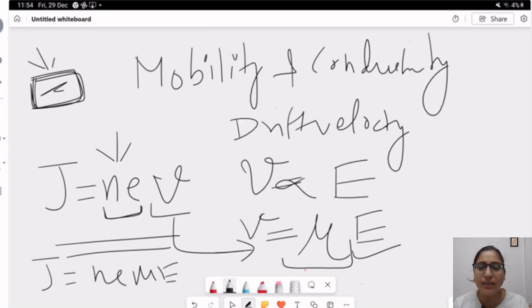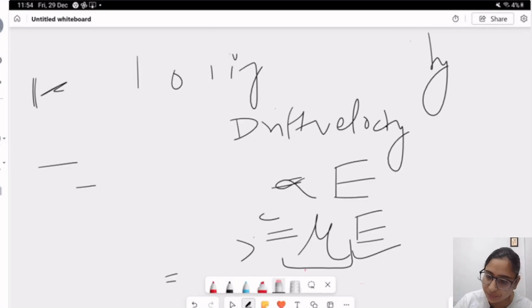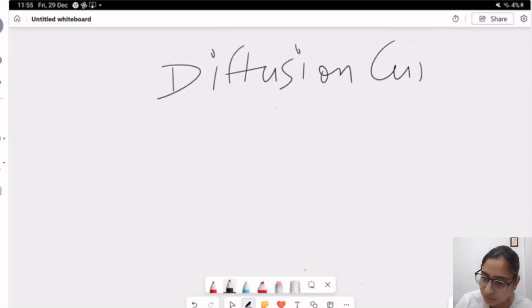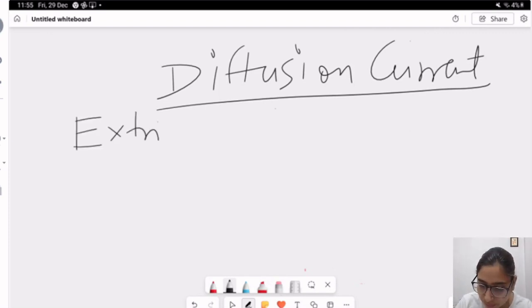Okay, now we will discuss what is diffusion, or what is diffusion current. If I have to talk about the process of diffusion, it means I am considering a semiconductor here which is extrinsic in nature. Extrinsic semiconductor.